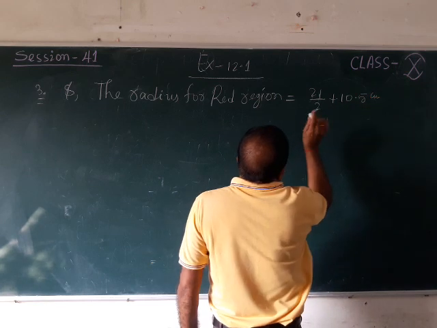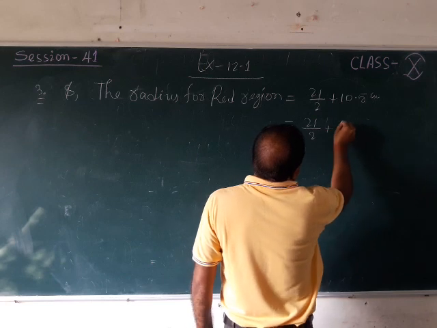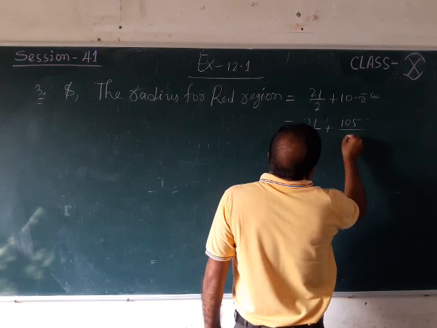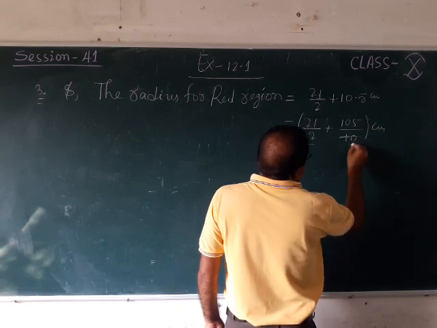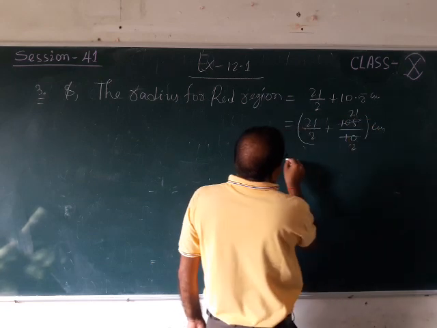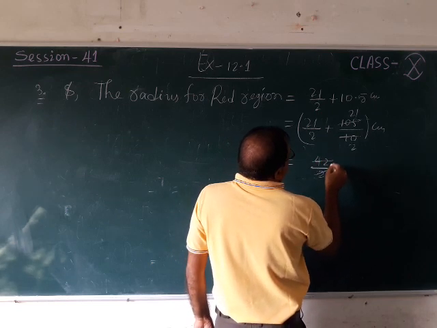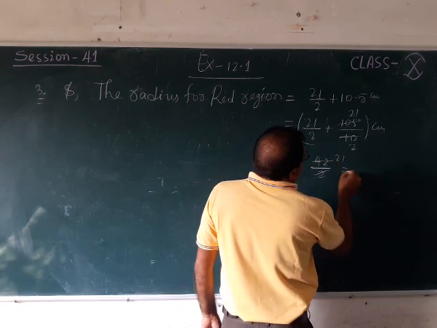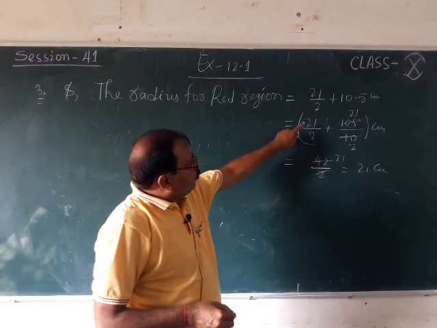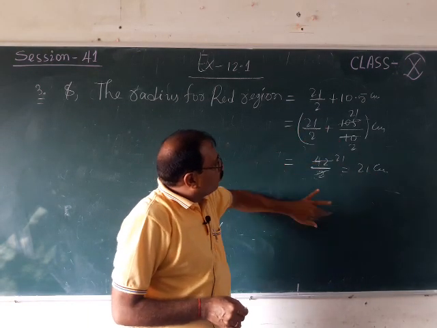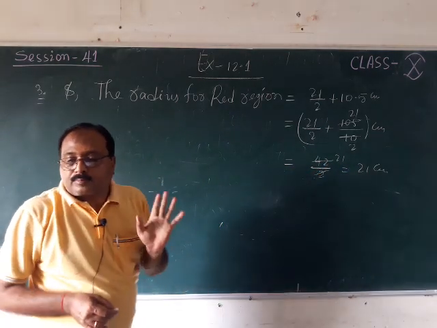One I have taken in fraction, so the other also I want to take as fraction, so the sum is 42/2. If I cancel it, it will be 21 centimeter. Have you seen? 21/2 plus 21/2 is 42/2, and that answer is only 21 centimeter.